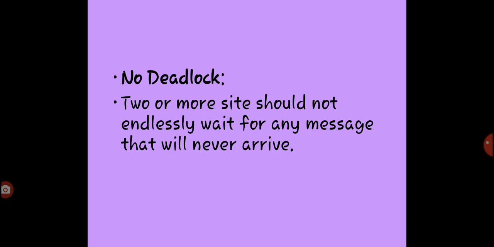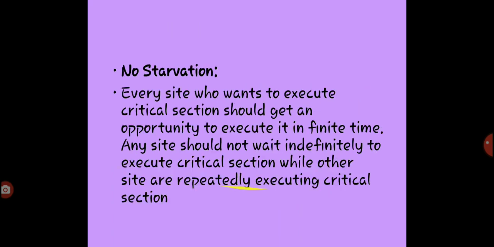First, no deadlock. What is a deadlock? Deadlock is when more than one process grabs a single resource, and as a result the resource is not available for any of the processes. This type of deadlock should not be there in the system.